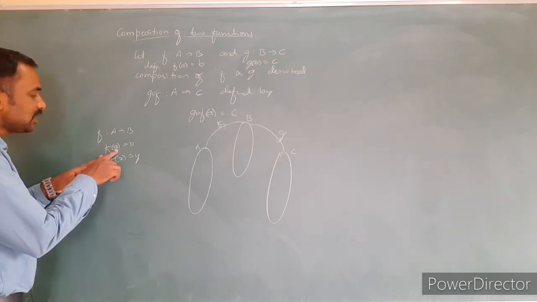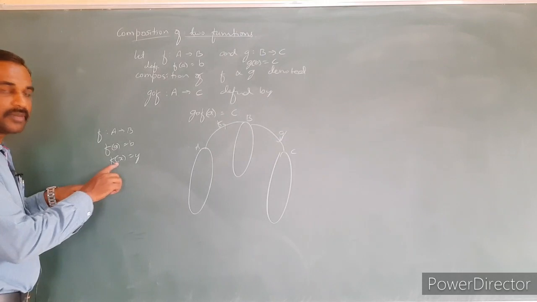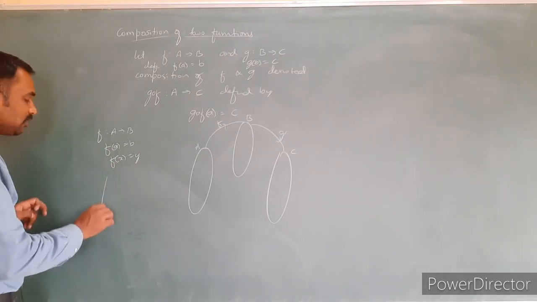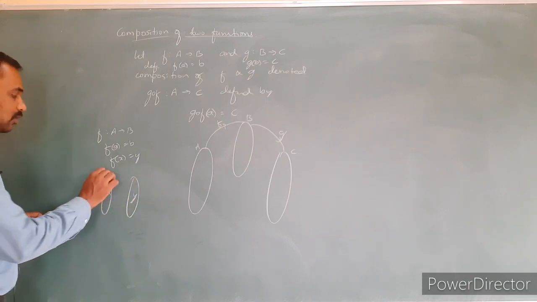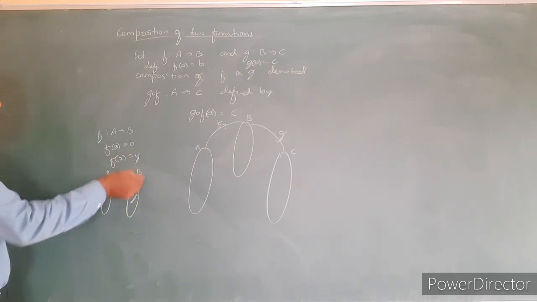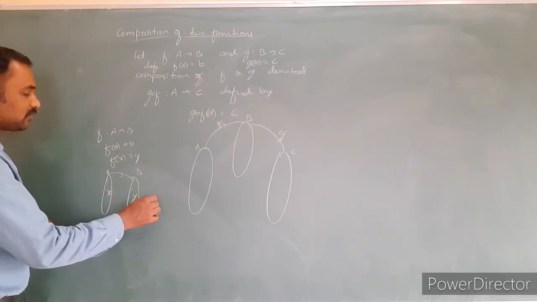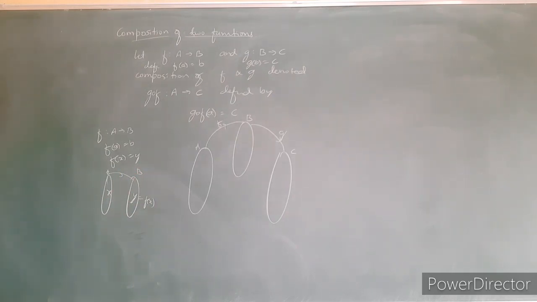What is the meaning of this? The image of x under the function f is y, where x belongs to the domain set and y belongs to the codomain set. We can write y as f of x.